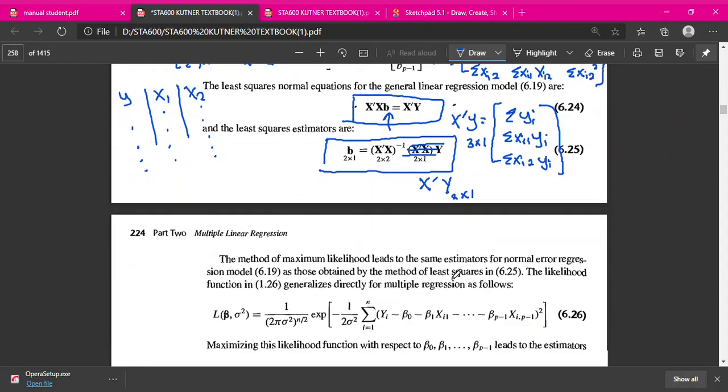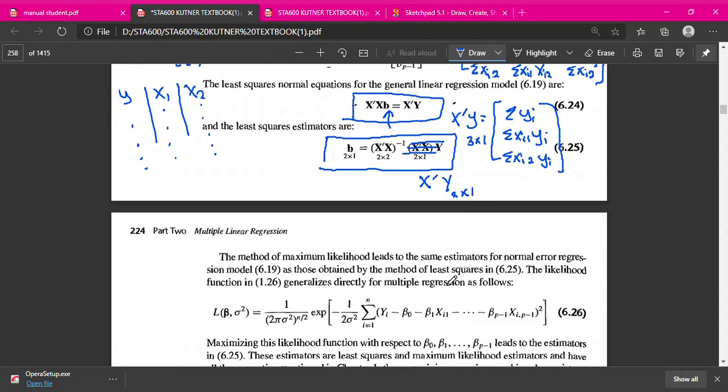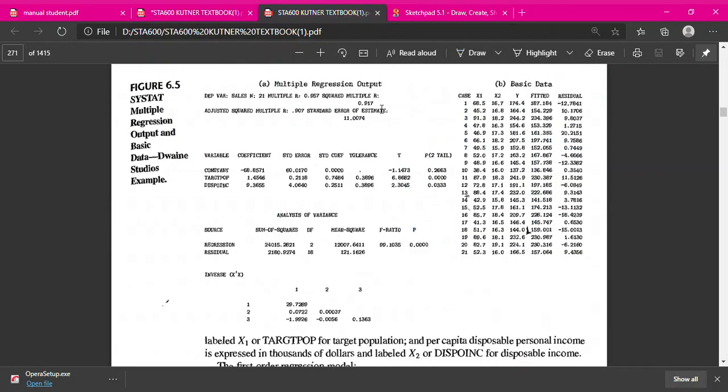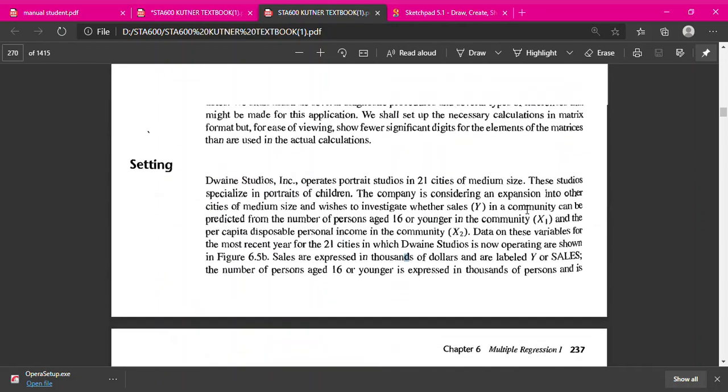Alright. Okay, so let's see an example. Let's look at the example. Okay, in your textbook as well, actually, on page 237.